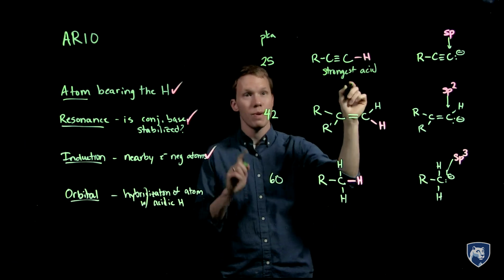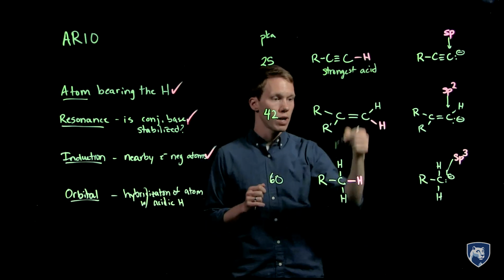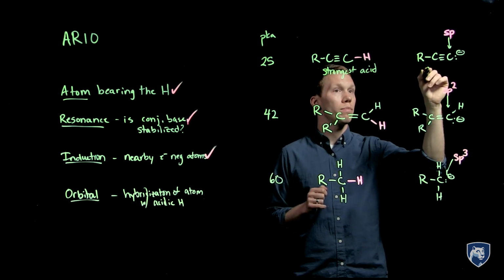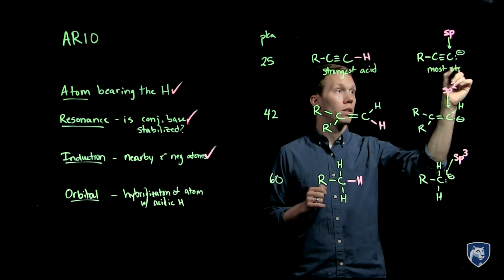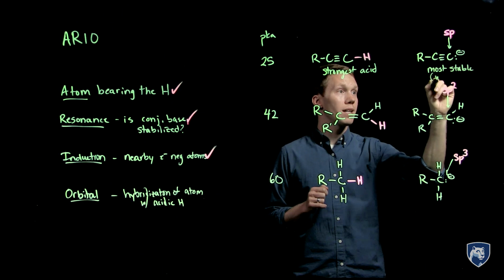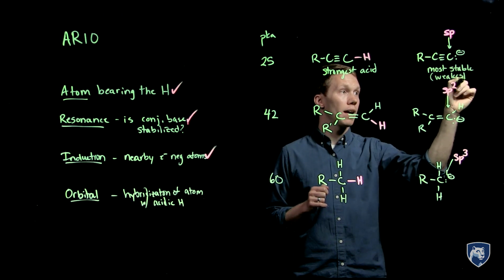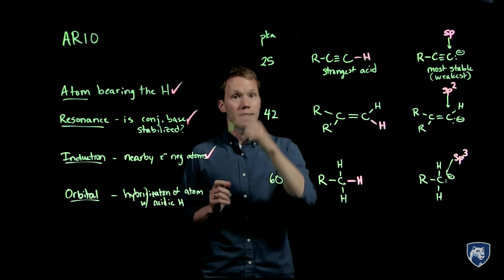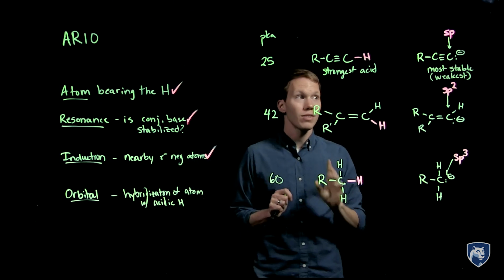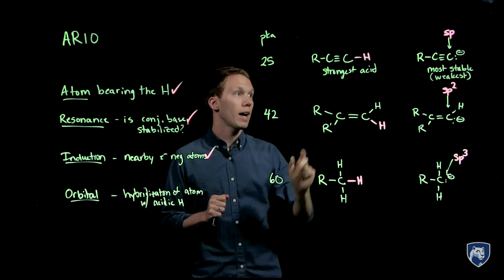Note that it's still a very weak acid, pKa 25, but it's the strongest out of all of these. And then this would be the most stable or the weakest out of this family, okay? While still a strong base, because this is still a very weak acid, so just keep that in mind, okay?